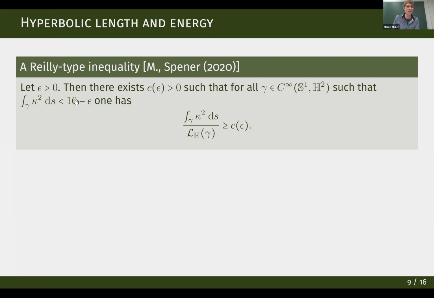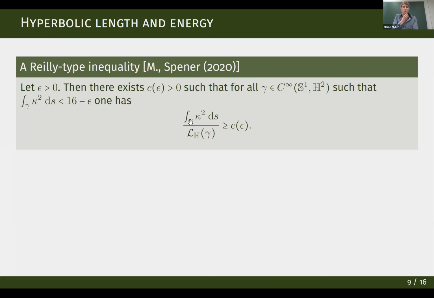This 16 here, which shows up, is actually sharp. You cannot prove such a bound below any energy of 16. So why do we take now the elastic energy?